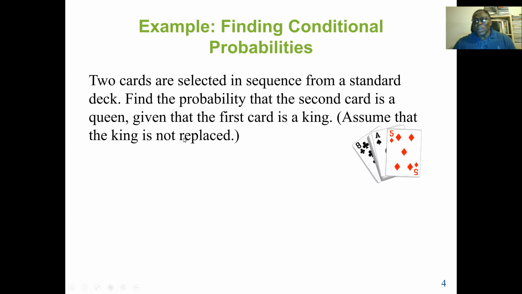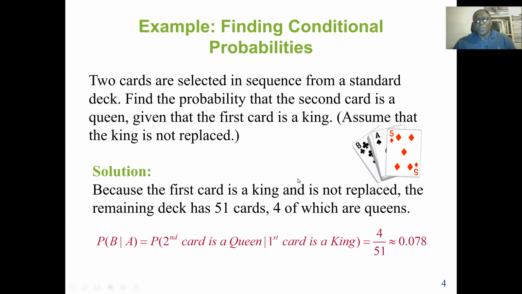We know in our regular deck of cards, we have 4 kings and 4 queens. So the solution here will be: because the first card is a king and it's not replaced, the remaining deck will have 51 cards. In total we have 52 cards, and 4 of which are queens.